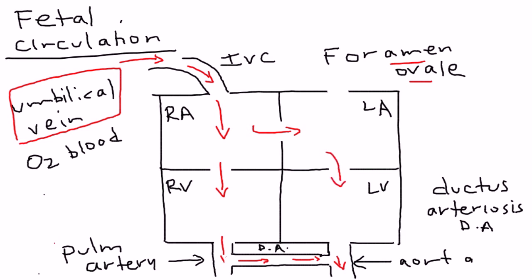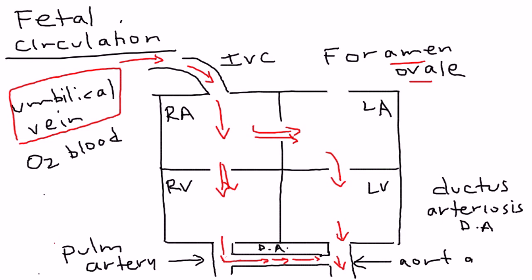And then the blood comes down to the left ventricle and then out through the aorta. The blood that doesn't go through here, that kind of passes through the right ventricle, will eventually be able to get to the aorta via the ductus arteriosus here. So that's how fetal circulation works.